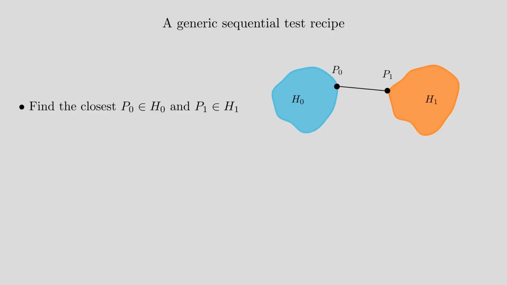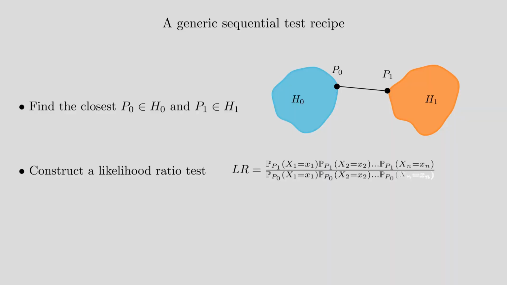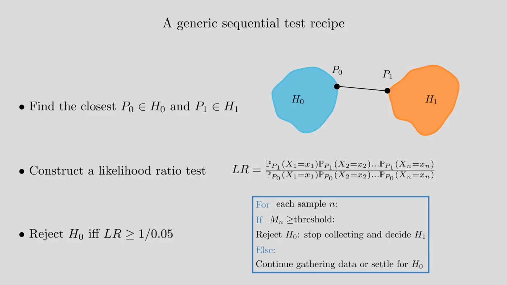By reducing the problem to testing between those two instances, we make the problem way simpler. We can then construct a likelihood ratio test, which is simple to compute once we have the data. Then, finally, we use the threshold that fits the false positive rate that is acceptable to us, for example 5%, and we conduct the test.